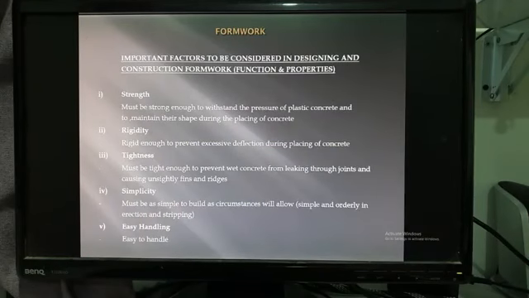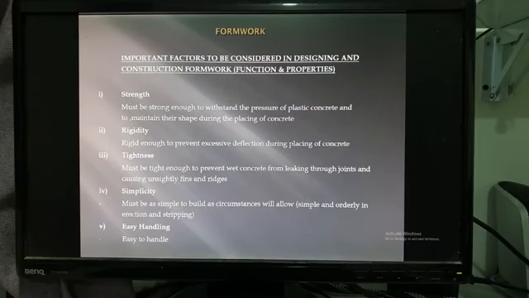So in designing the formwork, there are several factors that you have to consider. First of all, the strength. The formwork must be built strong to receive the plastic concrete because the concrete itself is very heavy, especially when it is wet, because there's also the weight of the water inside the concrete.